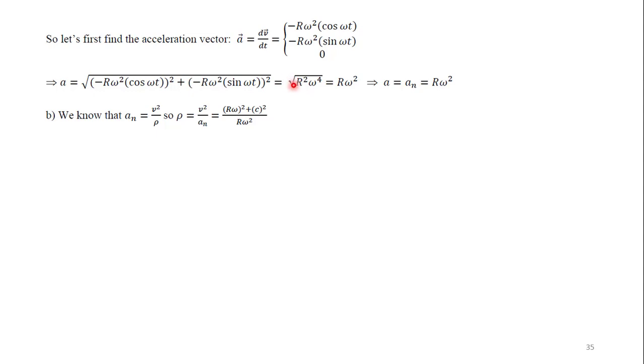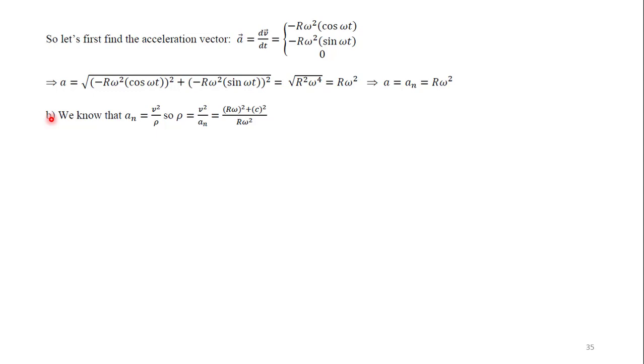And so there remains only in the square root R squared omega power 4, and this will be equal to R omega squared. This means that the normal acceleration will be equal to a, and this is equal to R omega squared.